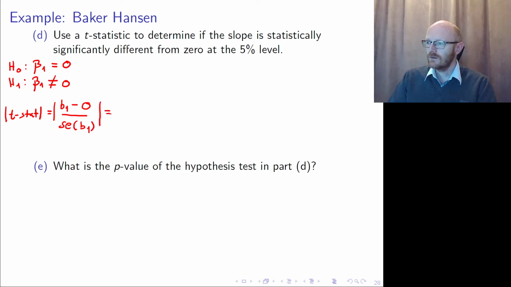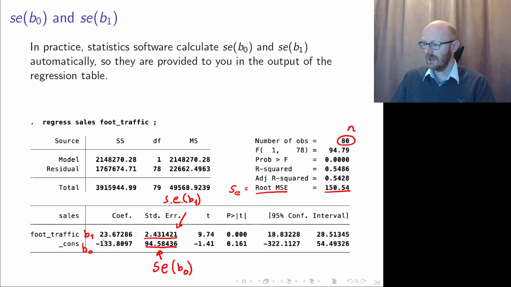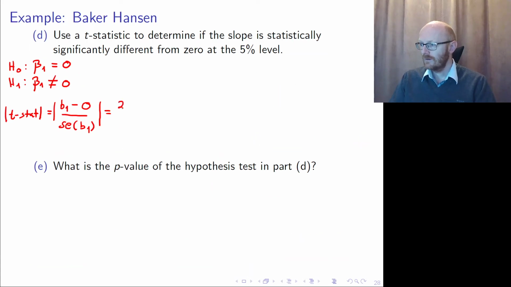Okay, so for example, in the Bucket-Hansen example, we have the slope from our regression output, because we ran this regress sales on foot traffic, and the slope is 23.673 minus 0 divided by the standard error of B1.